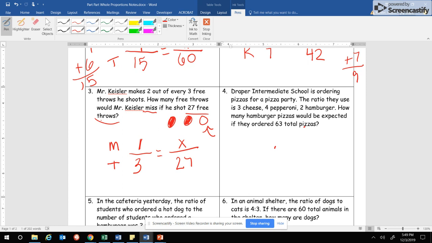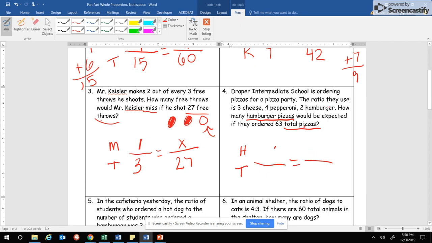Okay, number 4 says Draper Intermediate School is ordering pizzas for a pizza party. The ratio they use is 3 cheese, 4 pepperoni, and 2 hamburger. How many hamburger pizzas would be expected if they ordered 63 total pizzas? Well, so again, from the question, I know I need hamburger and I need total. So I'm going to draw my proportion there.